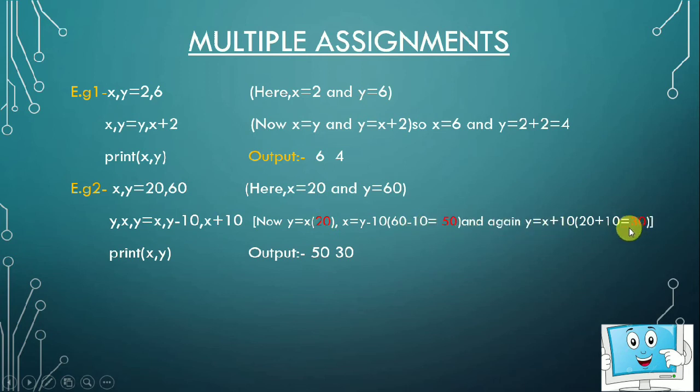So for a variable which is assigned two times, the recent value will be given as the output. Here we have the value of first y as 20 and then it is 30. So the latest value will be given in the output. So it says print x, y. So the output of x is 50 and the output of y is 30. I hope these three topics are clear to you.